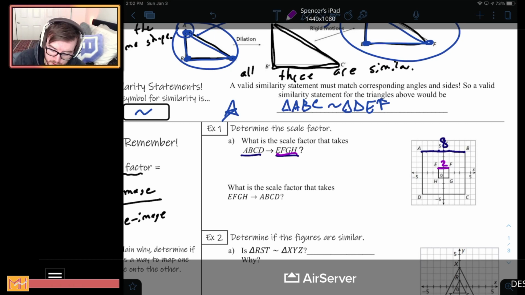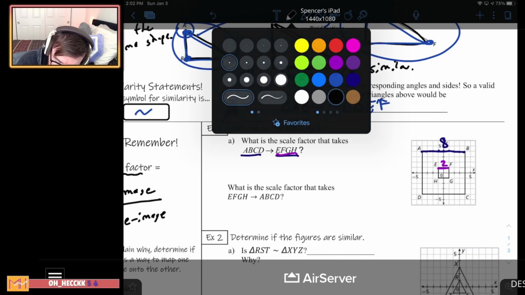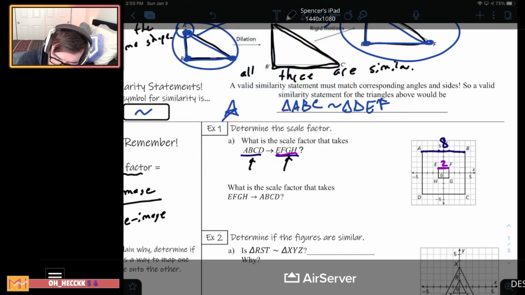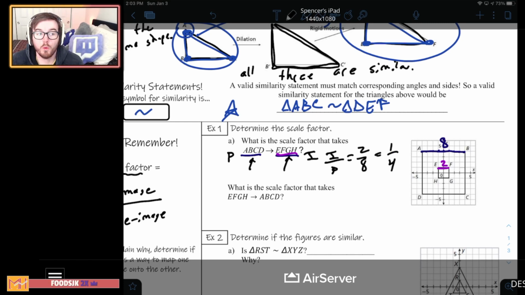Image is the after. So if we're going from this to this, this is the pre-image, and this is the image. So image over pre-image, meaning 2 over 8. So the scale factor is 1/4. It got 1/4 smaller. It shrank down by 1/4.